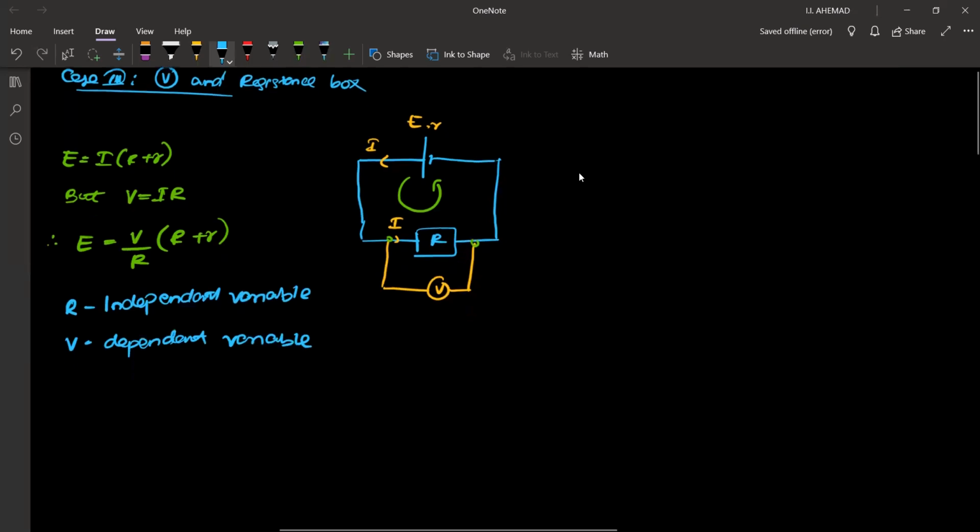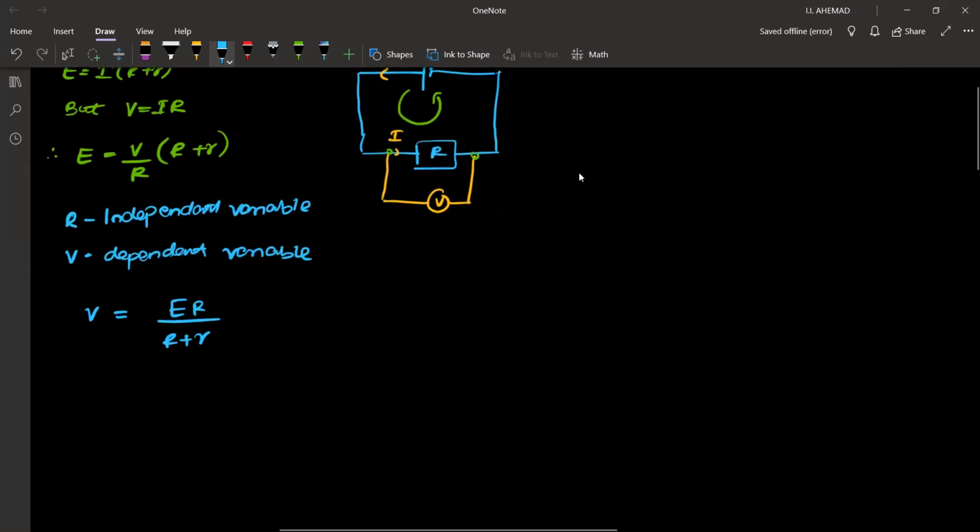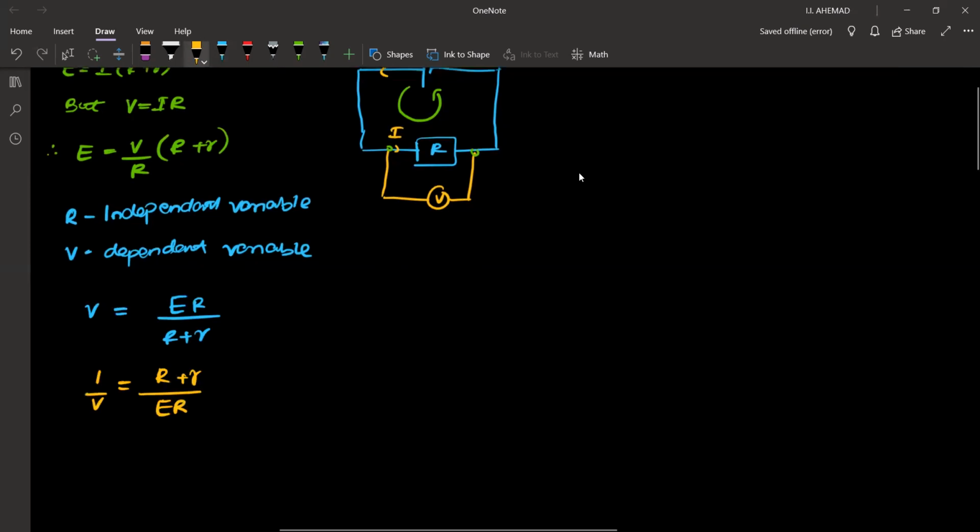So let's make V the subject. If I make V the subject, I get V is equal to ER over R plus r. Again, we have the same problem. We are not able to get R in place of x. Therefore, let's take the reciprocal. Then 1 over V is equal to R plus r over ER. Let's write them as separate denominators.